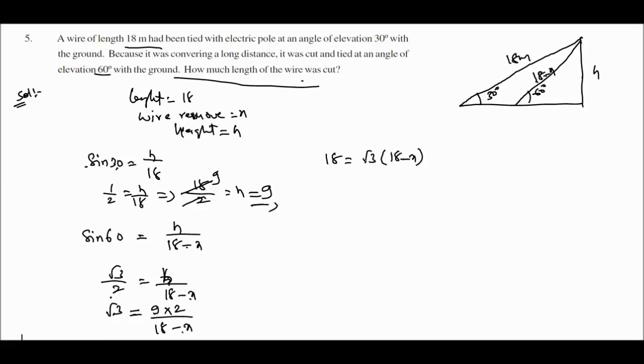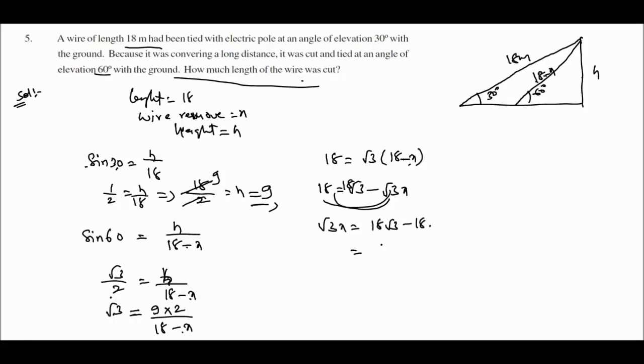So 18 is equal to root 3 into 18 minus root 3x, that is 18 root 3 minus root 3x. Root 3x goes here, 18 goes here. Root 3x is equal to 18 root 3 minus 18.